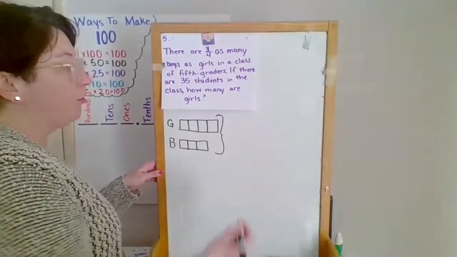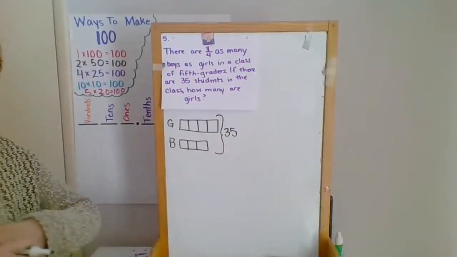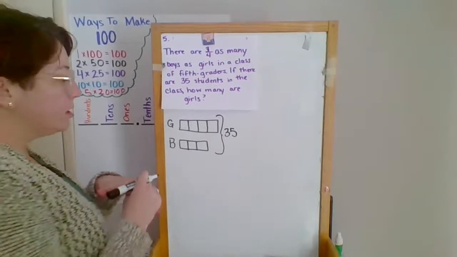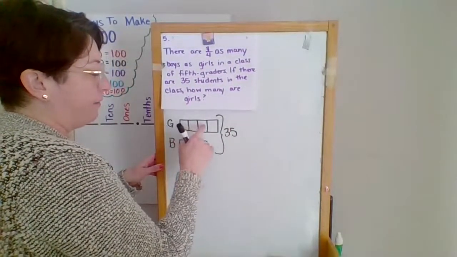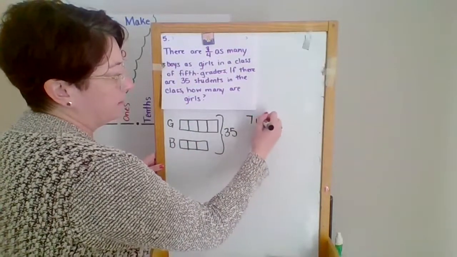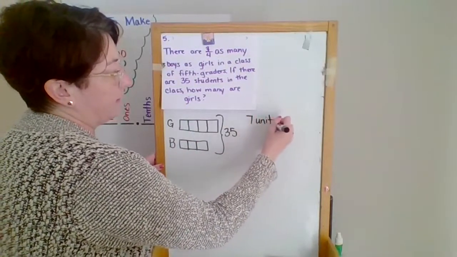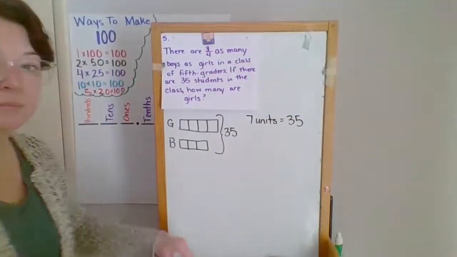What else do we know? We know that the total is 35 kids. Okay, so what do I know? I know that I have 4, 5, 6, 7 units that all equal the 35 kids.